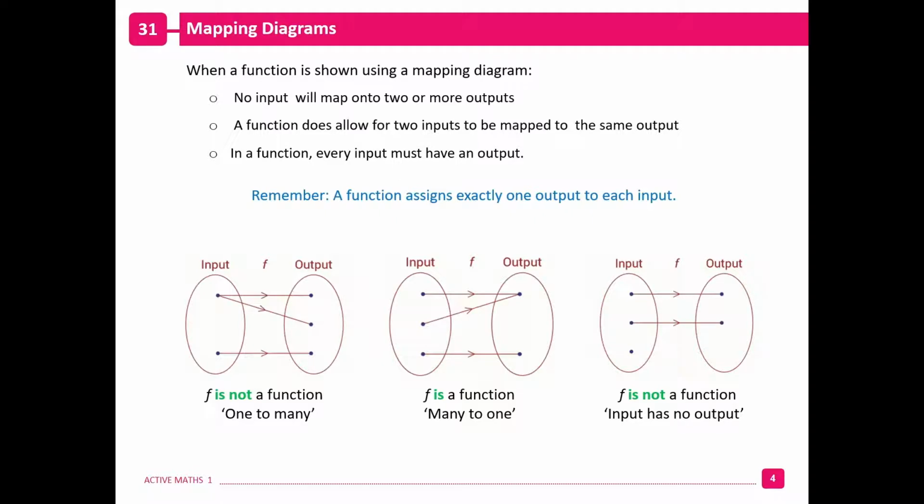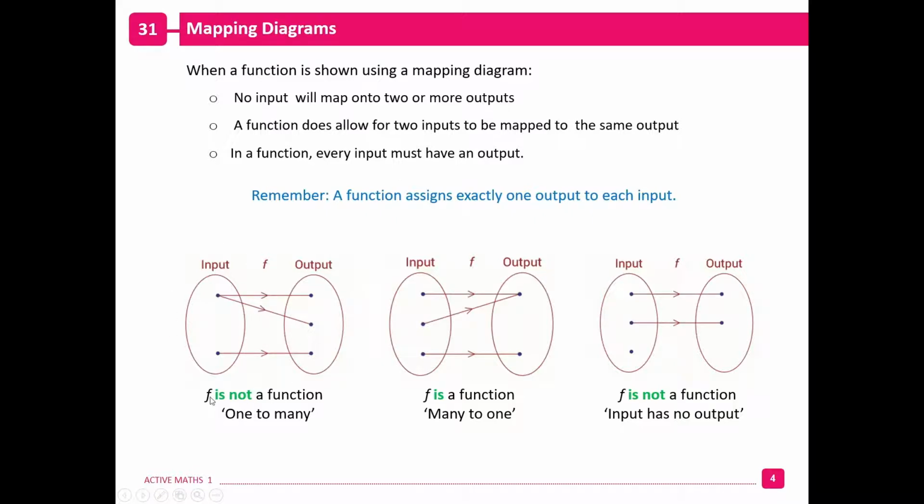Let's remember some of the things that we learnt in the last class. We learnt that no input will map, transform, or result in 2 or more outputs. If you start off with one number and you perform the same calculation, you're only going to get one answer.